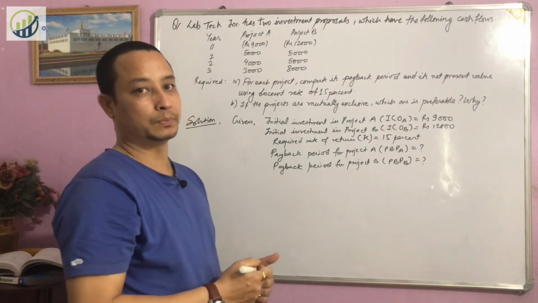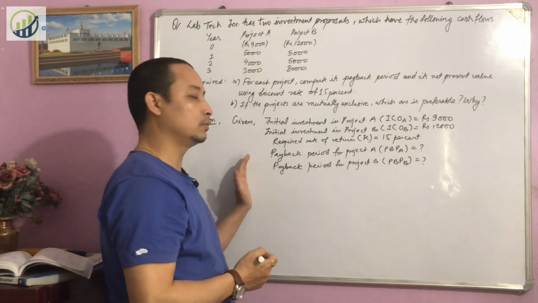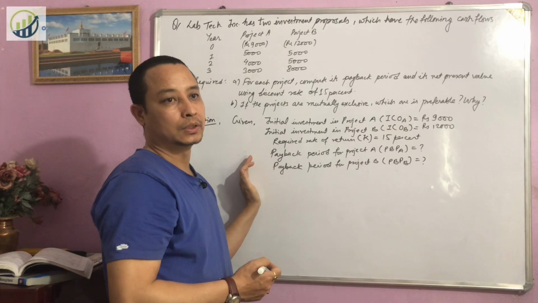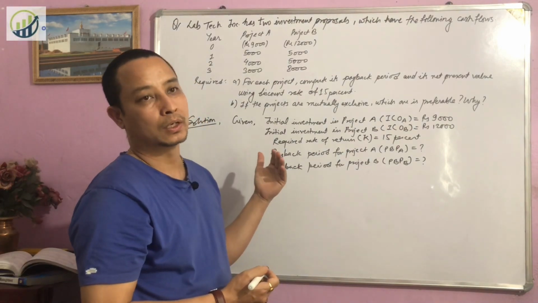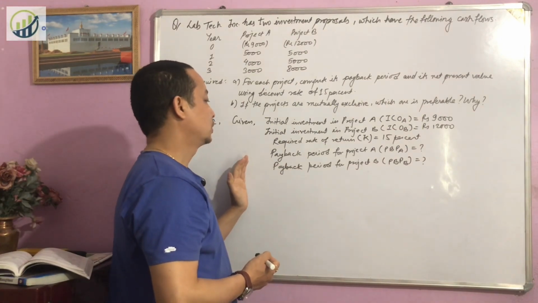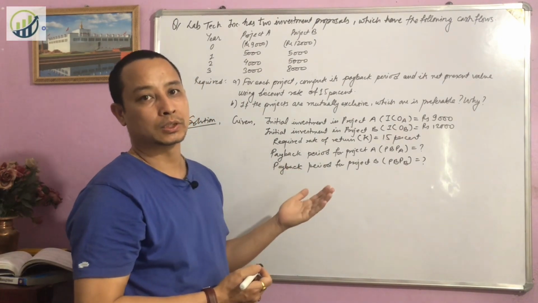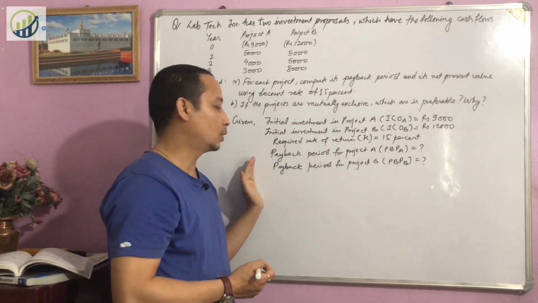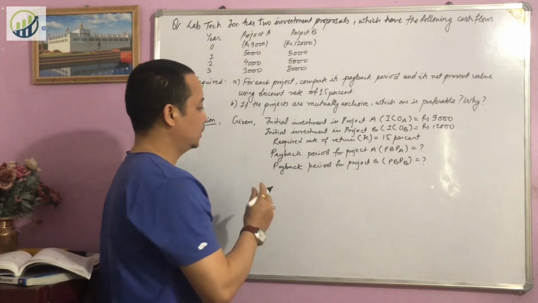To find it, you must know what payback period is. Payback period is the time within which the project provides its return, which can compensate its initial investment. So how long the project takes to recover its initial investment can be known from the payback period.